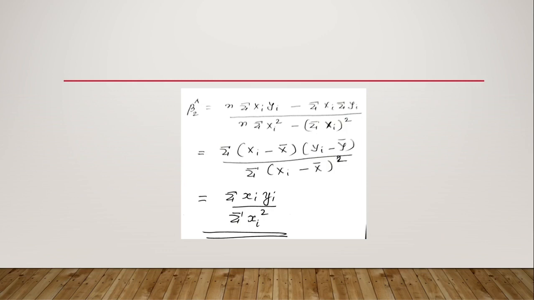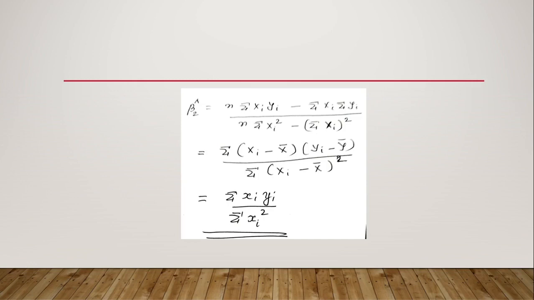Here when we expand this, we get beta 2 hat is equal to sigma capital Xi minus x bar into capital Yi minus y bar, the whole divided by sigma capital Xi minus x bar the whole square, where Xi is the observation of the independent variable x and Yi is the y observation, and x bar is the mean value of x observations and y bar is the mean value of y observations.